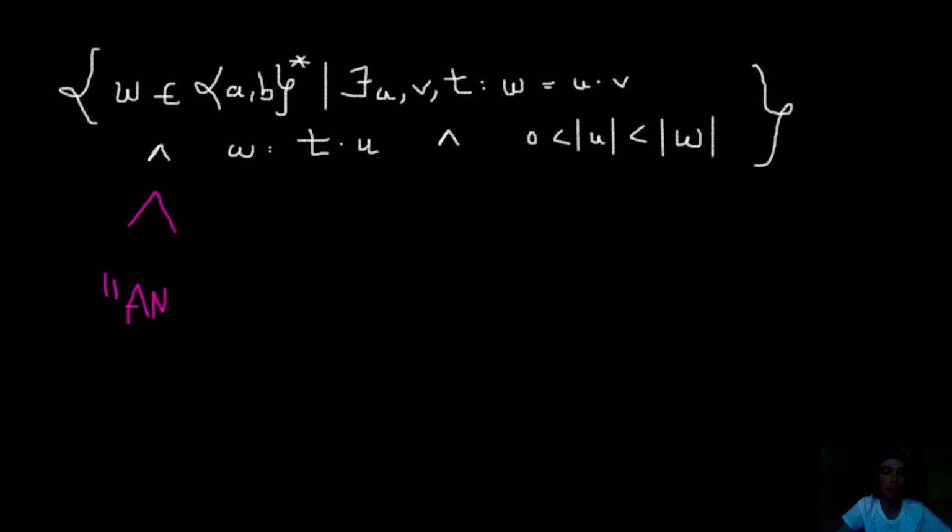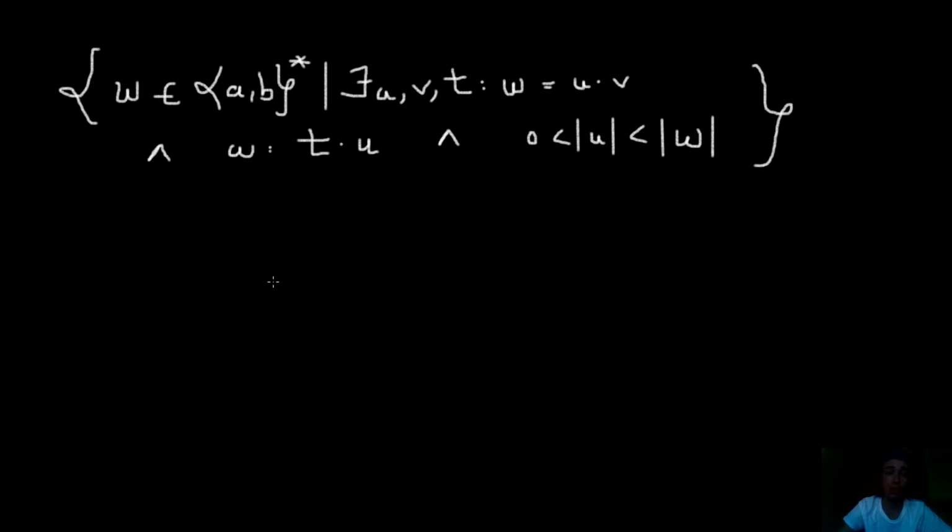So what must happen in here is that u must be the prefix of the word, and also it must be the suffix of the word. With this, we ensure that there is some prefix u and some suffix u, which is the same.